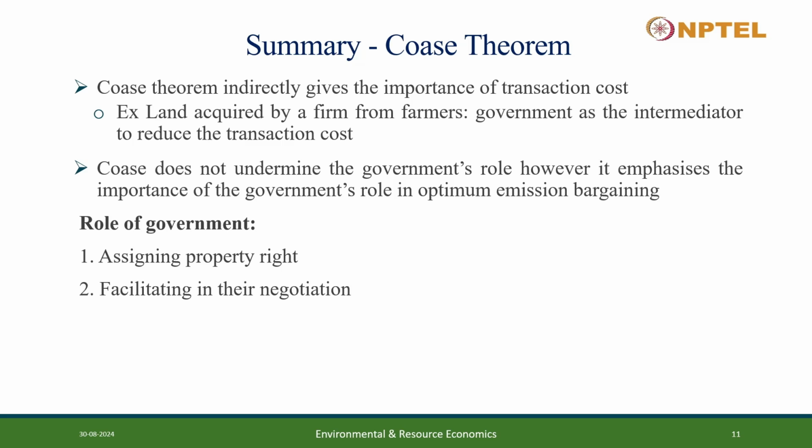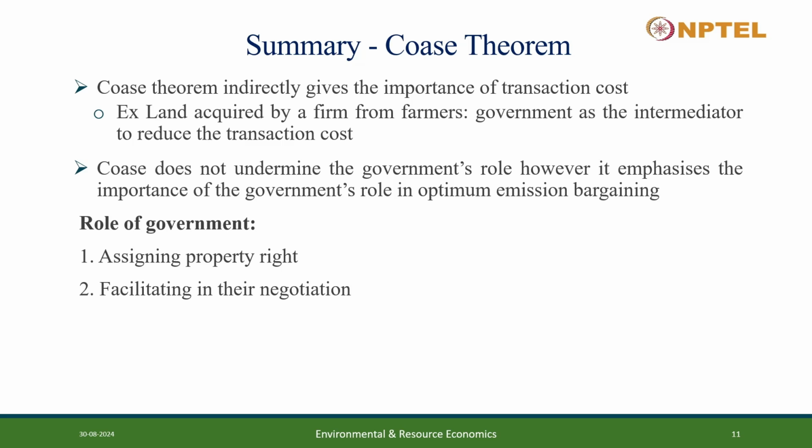The government can play an important role as an intermediator. Let's say that there is land acquirement by a firm. So there is a big company who needs land from the farmers. So he cannot go to all the farmers and negotiate, right? So in that case, the transaction cost will be very high. However, if the government plays as an intermediator and helps the firm to acquire the land, then it will be easier.